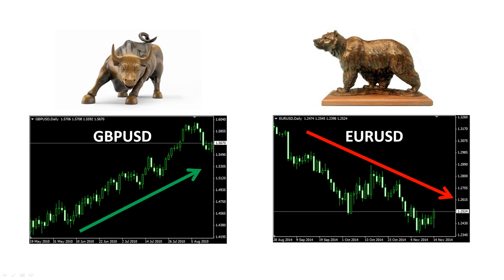move downwards. There is a bit of a difference between the Forex market and the stock market, because in the stock market, the way it's formed, people associate bears with negativity or a pessimistic approach, since the bears are selling, and when you sell a stock you think that the company is going to underperform, it's going to fail, and you want to short sell that stock, and we'll talk about short selling in one of the future tutorials.